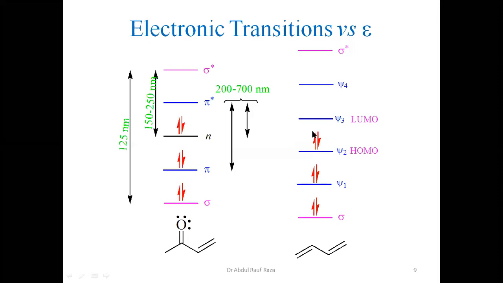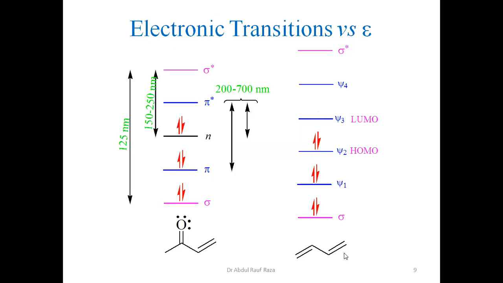If a transition is taking place, one electron shall transit from here to there. Three electrons cannot be accommodated inside 2. If one electron is transiting from sigma, it shall go to phi 1. It cannot go to phi 3, which is empty, because it would violate the selection rule.